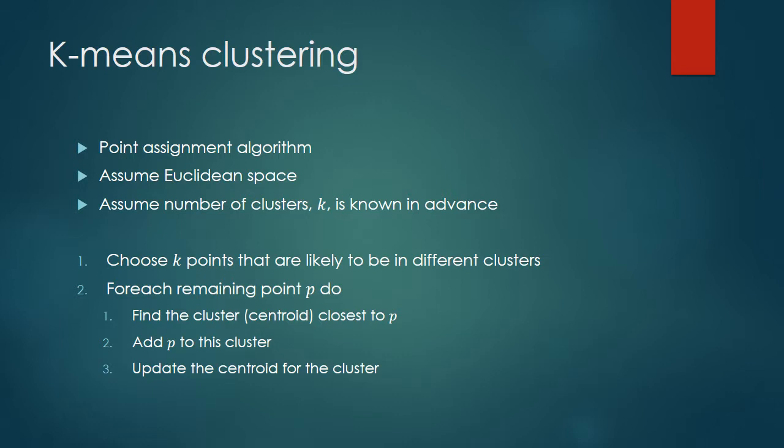In order to make this a little bit more accurate, at the end of this, you can use those updated centroids as the new guesses, and keep recursing till you have converged onto a good enough solution. Is this clear? It's a very simple algorithm and fairly effective as well.